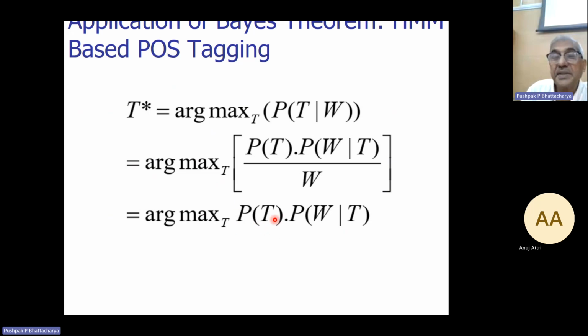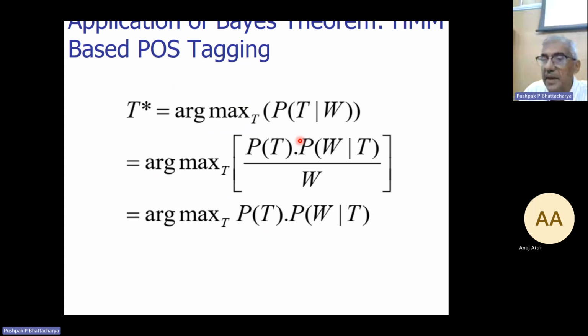If we stick to part of speech tagging, what is the probability of seeing a noun after a verb? What is the probability of seeing a noun after an adjective, and so on? And probability of W given T is: what is the probability that, given a verb, the word is bank?